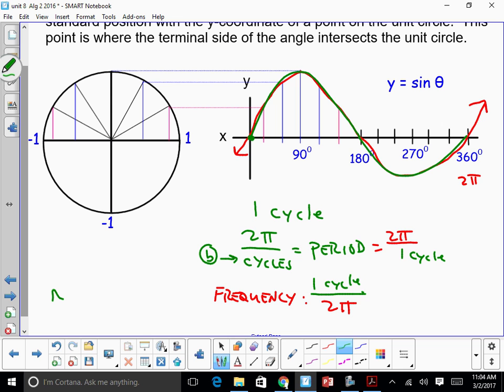They're going to put 2 pi over the letter B. Please write period over here equals 2 pi over B. Please write this over here. This is the math form. Write that down.